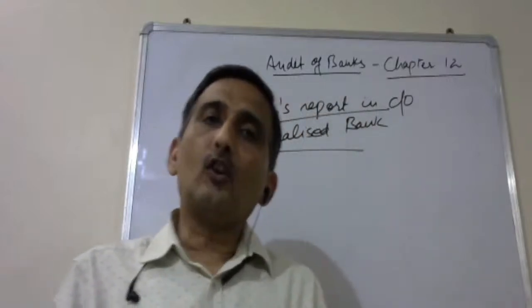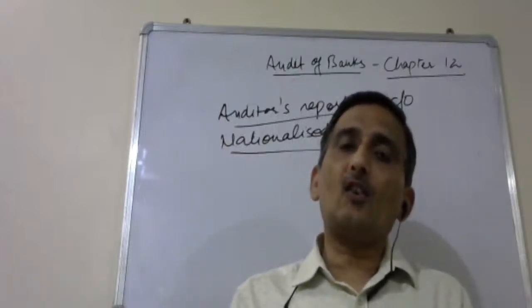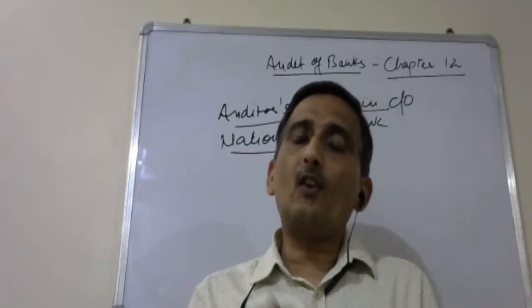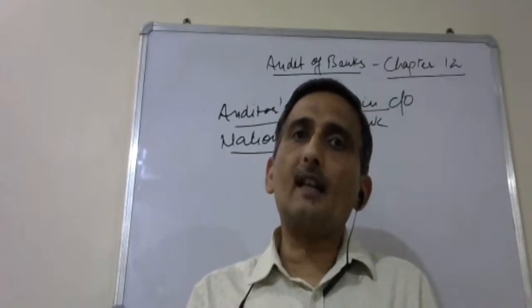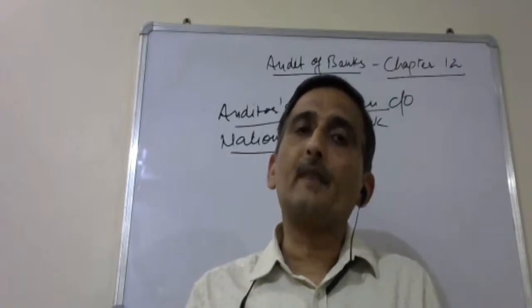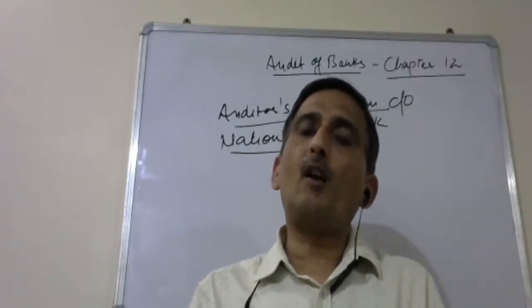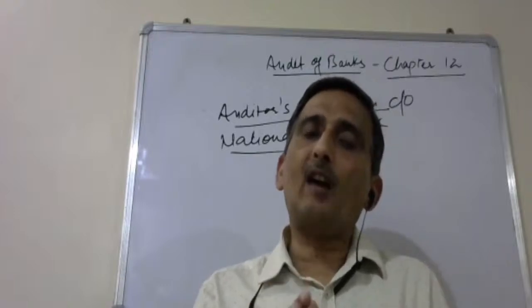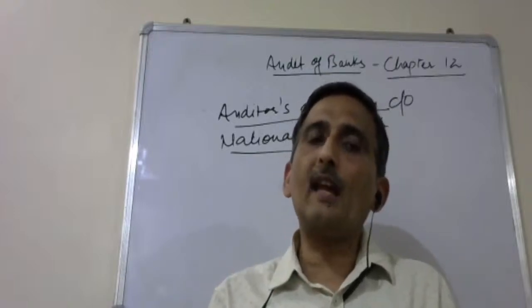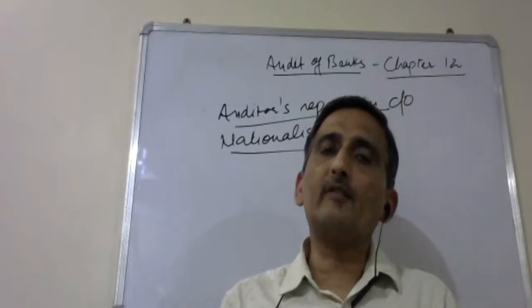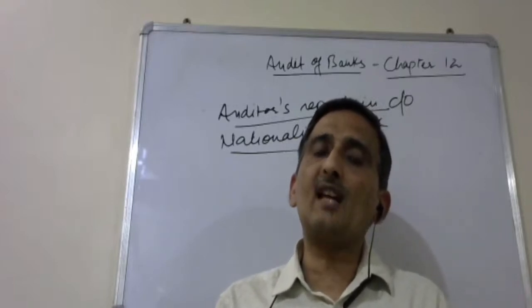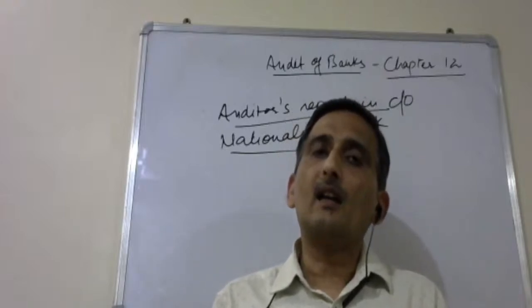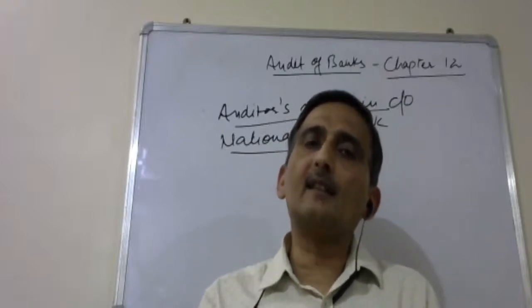He has also to state whether or not the returns received by him for the purpose of audit from other branches or offices have been found to be adequate. Okay, so these are some of the important matters which are required to be stated in the auditor's report.